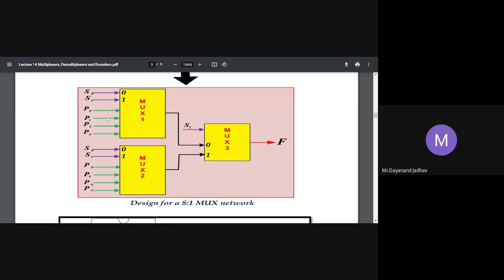These are the number of inputs. So here 4, here 4, and here 2, these are the commons. Inputs are 8 and 2 select lines.